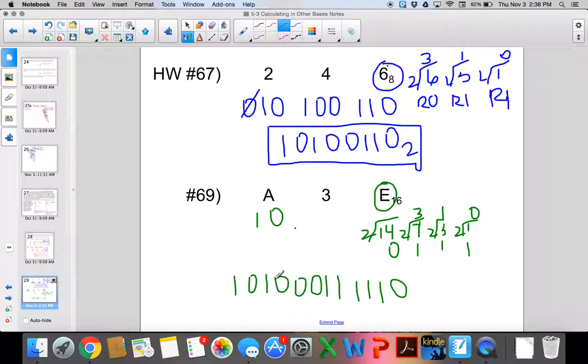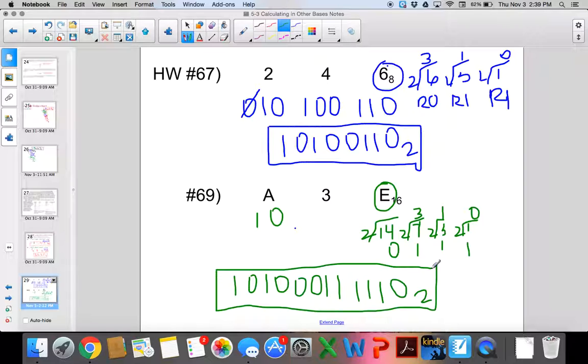So 8 plus 0 plus 2 plus 0, because 1 times 2 to the third is 8, plus 0, 1 times 2 to the first is 2, and then plus 0. Again, it's a binary number, so it's going to be base 2. And there's your answer.